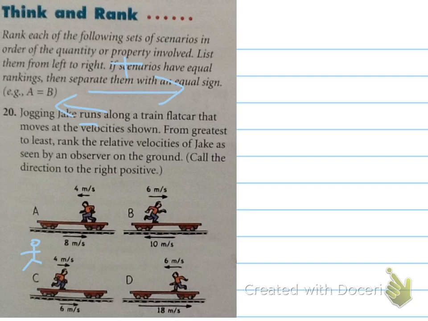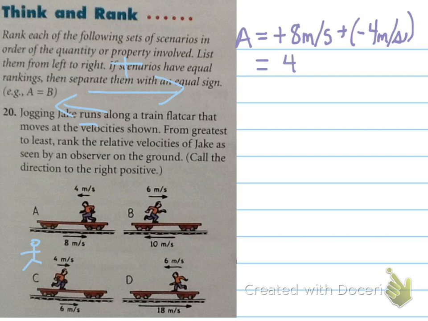So in letter A, I have a positive 8 meters per second plus a negative 4 meters per second because he's going the other direction. So positive 8 minus 4 is 4 meters per second. And it ended up positive, so that means that from the ground it looks like he's moving to the right.